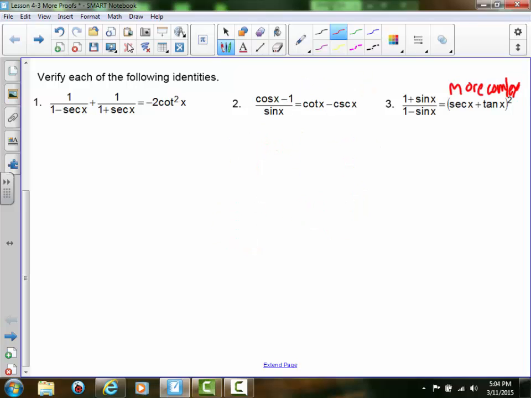Yay! So on number 3, we have 1 plus sine x over 1 minus sine x, and we're looking to change secant x plus tangent x, squared, into 1 plus sine x over 1 minus sine x. When I was looking at this, I thought, secant x is 1 over cosine, and tangent is sine x over cosine x.